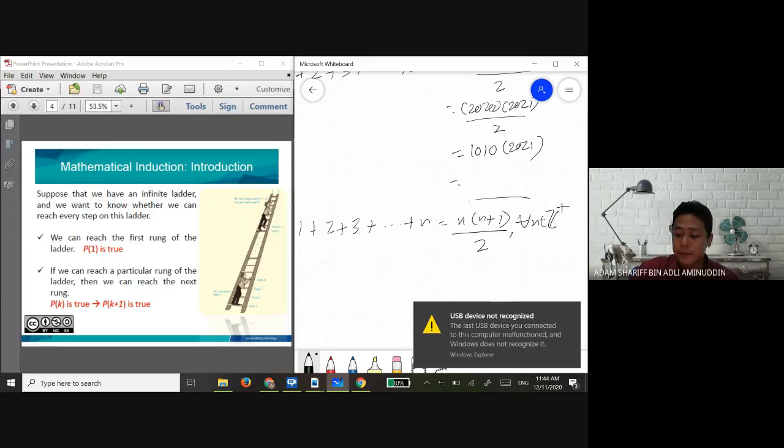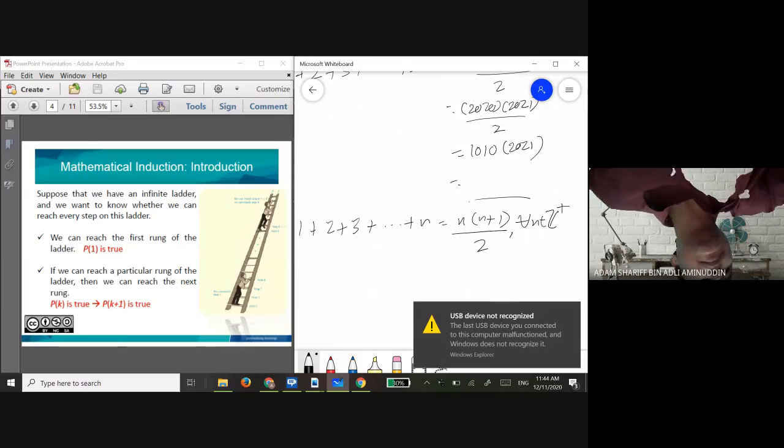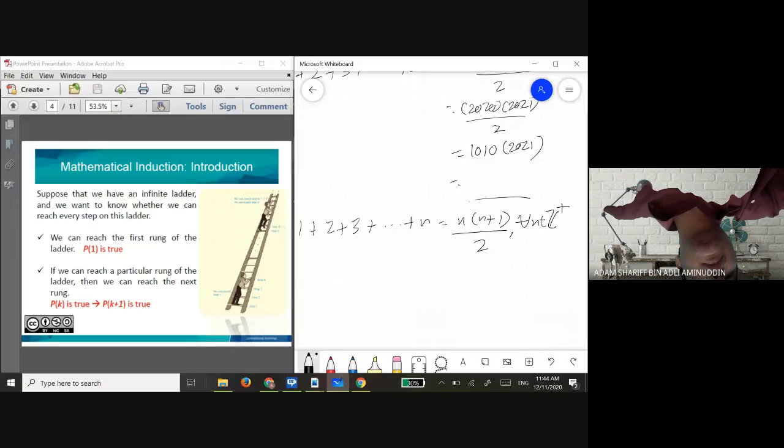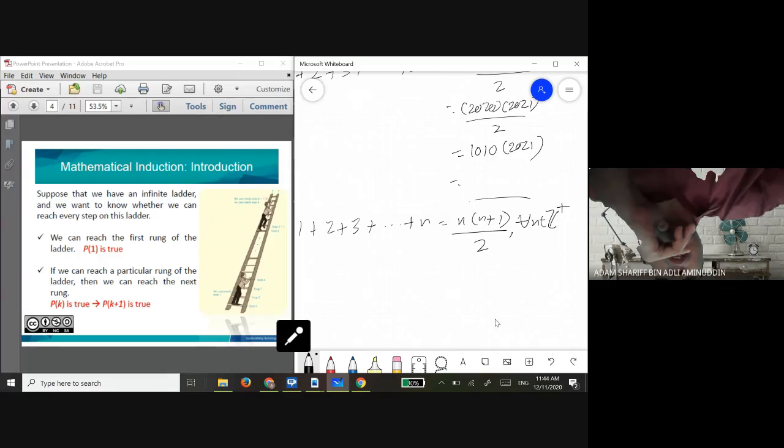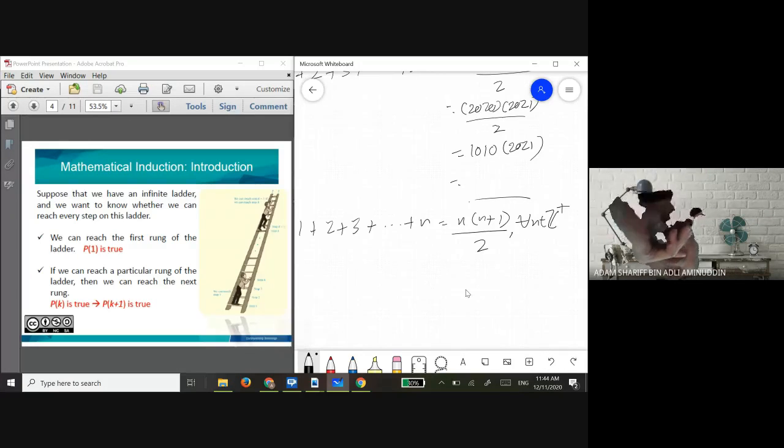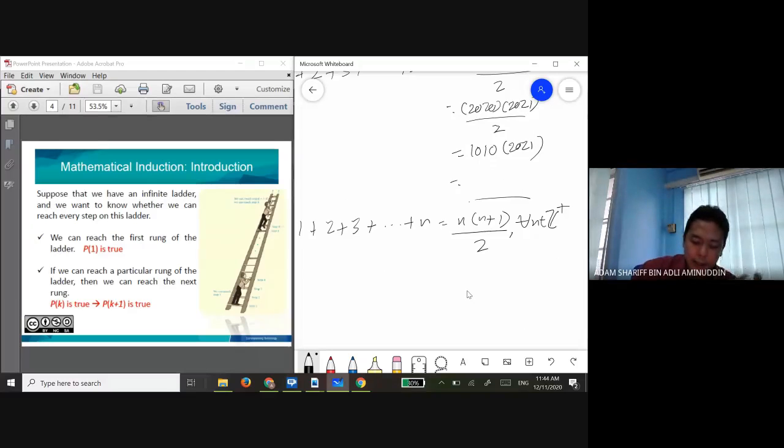If we want to prove for all, then you need to show that it is true for every particular case. So not only 1 plus 2, not only 1 plus 2 plus 3, or 1 plus 2 plus 3 plus 4 until 2020, but until n. And n is a very large or maybe small integer. It's an undefined integer.